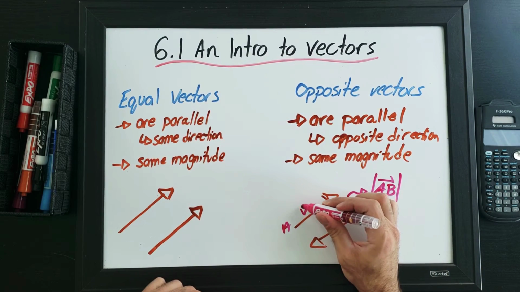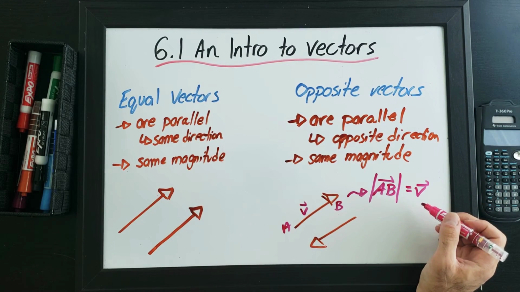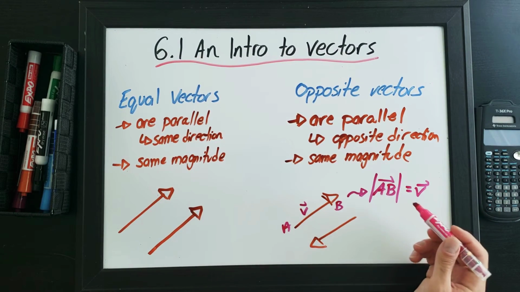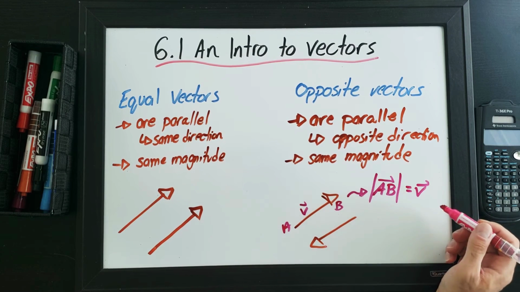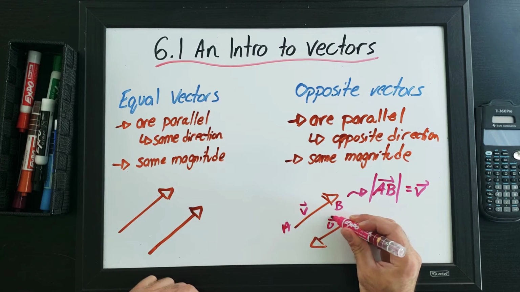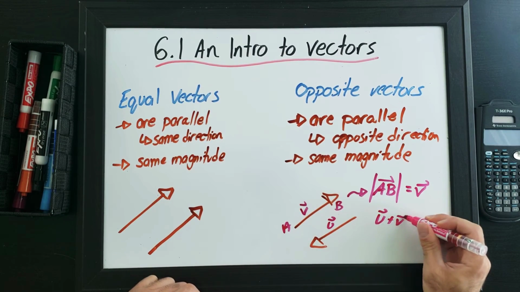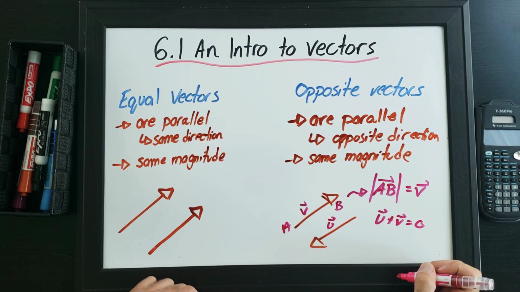We could also call it vector V. This is just two pieces of notation that I can use to represent this vector. I'm going to be using both, but it's easier just to use one letter. Obviously, it's much less writing. And I can call this one U, for instance. And I can say U plus V equals 0 in this case.